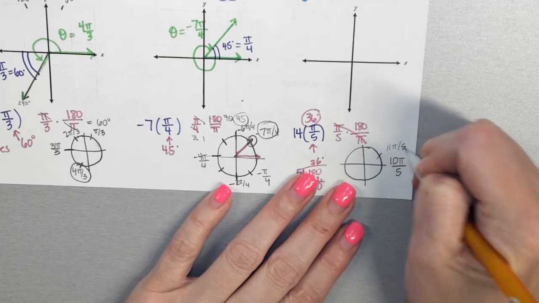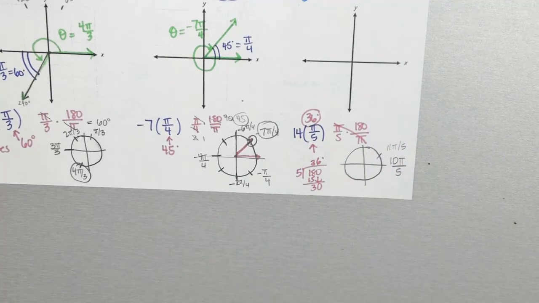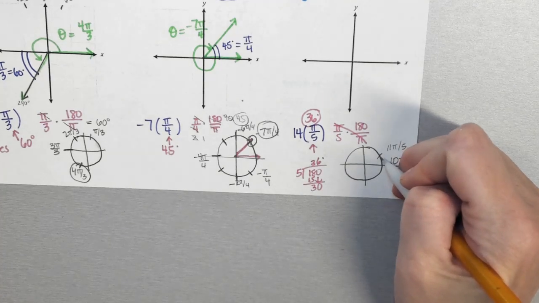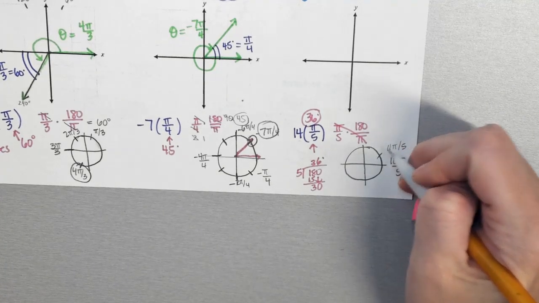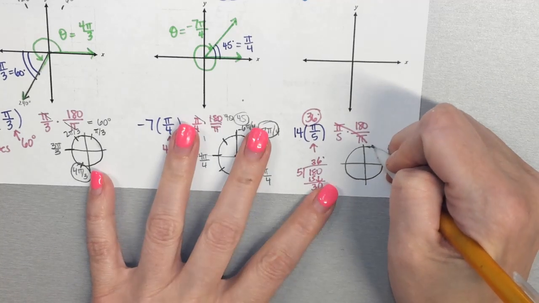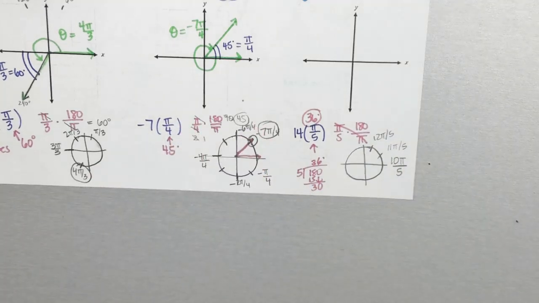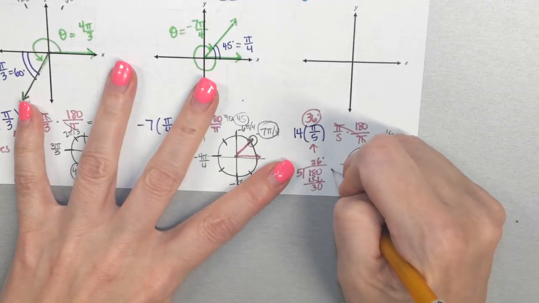You guys can just estimate. I'm really just looking to see it's in the right quadrant. So that's 36 degrees. What's 36 plus 36? 72. So that's still in quadrant 1, right? So that would be 12 pi over 5. What's 72 plus 36?